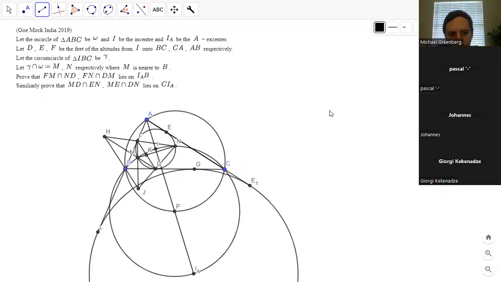So, and then we want to show that line passes through IA. So it's the same as showing that, but we know that's a right angle, so I think it's obvious, right? Because angle IBIA is 90, and it's well known that I, K, and B are collinear and make a right angle, right? So what is that?